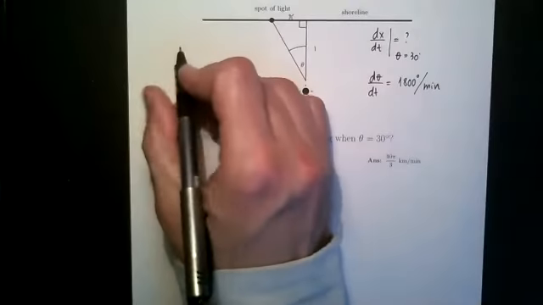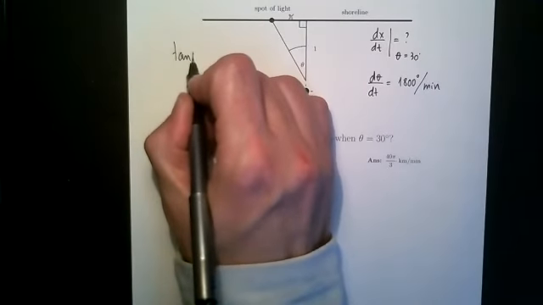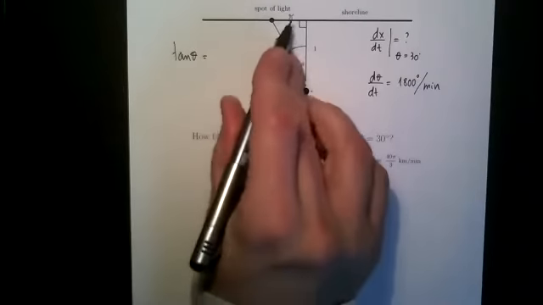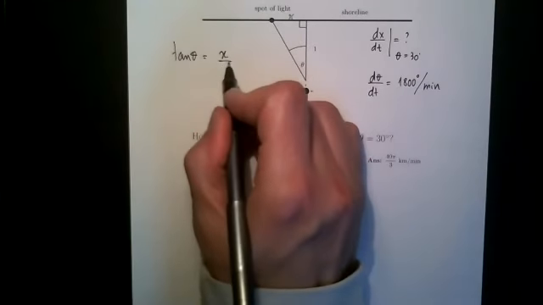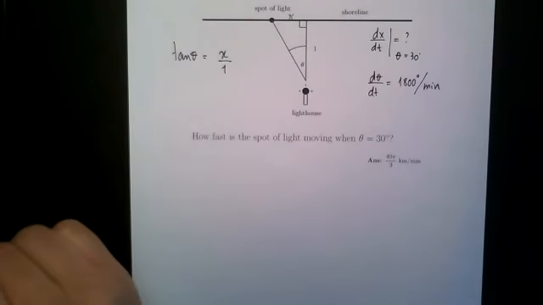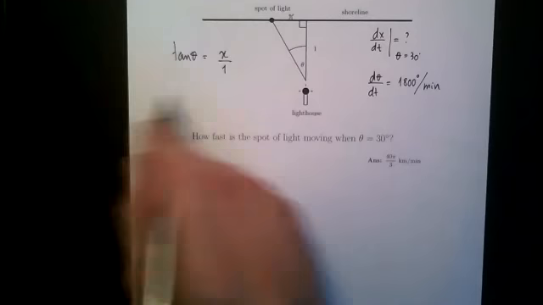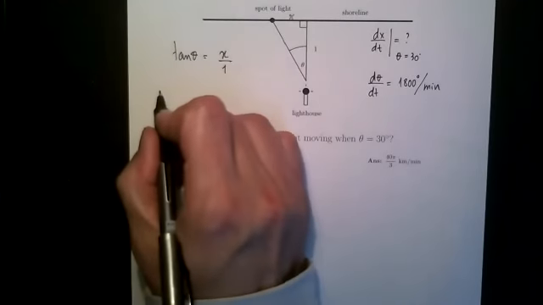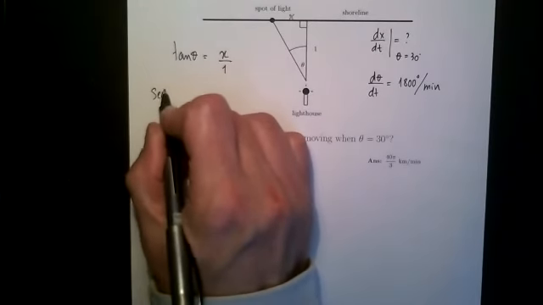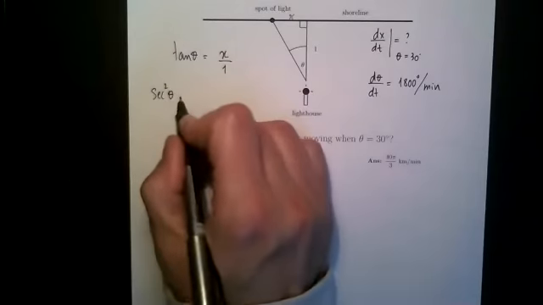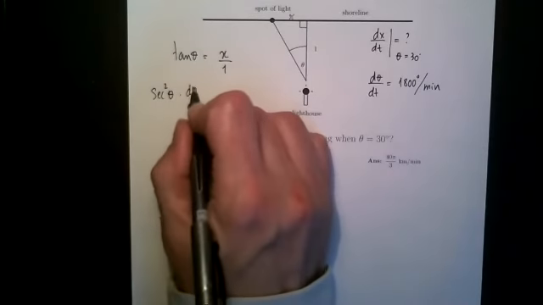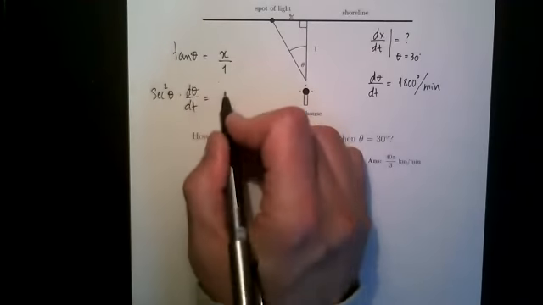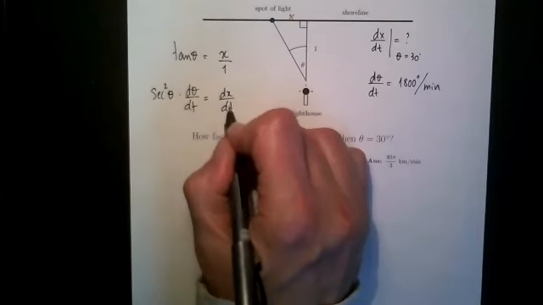So the tangent of theta is equal to x over 1, right? Opposite over adjacent. And I'm ready to derive. The derivative of tangent is secant squared theta times d theta/dt, equal to dx/dt.